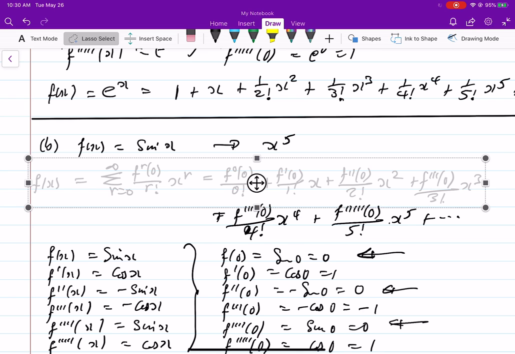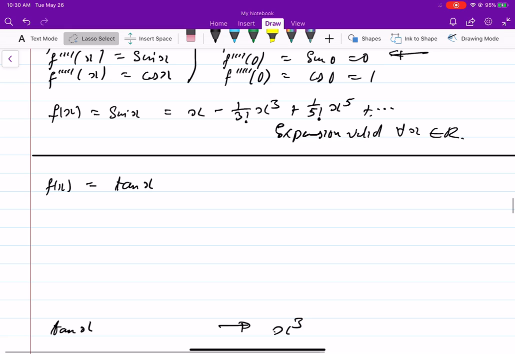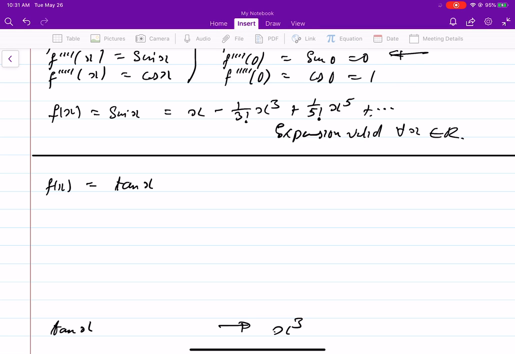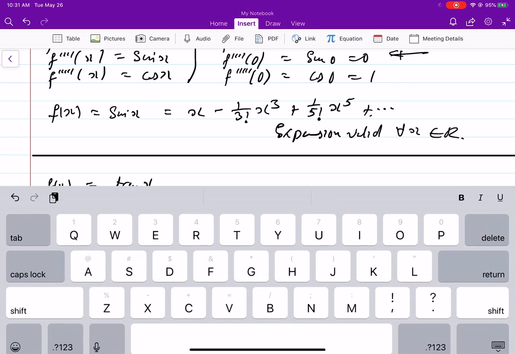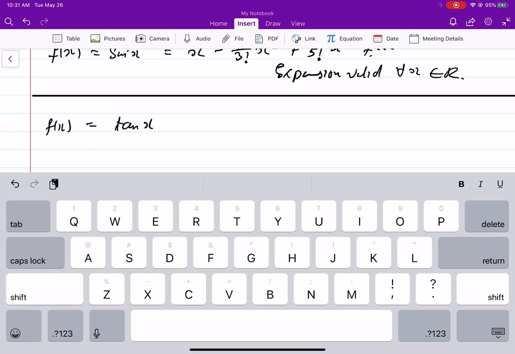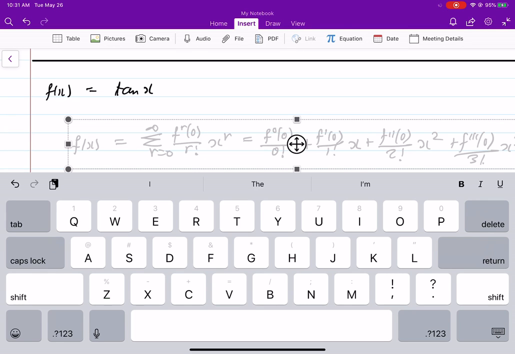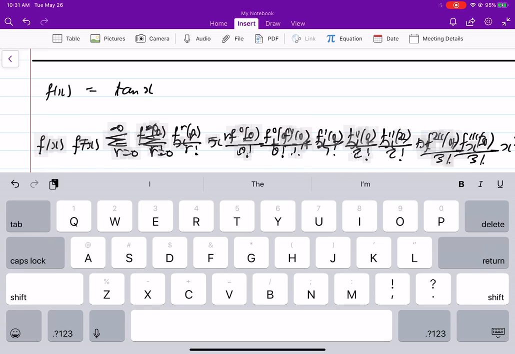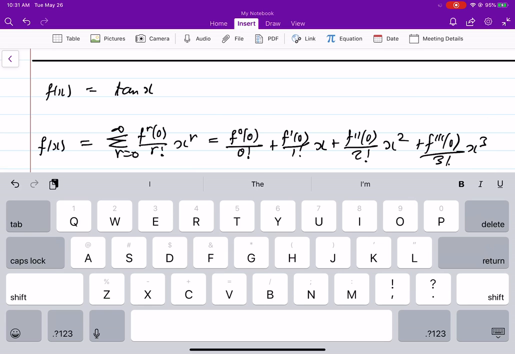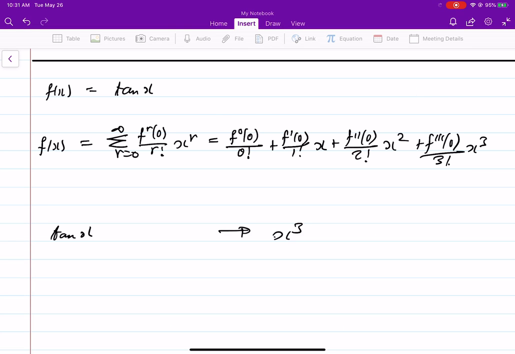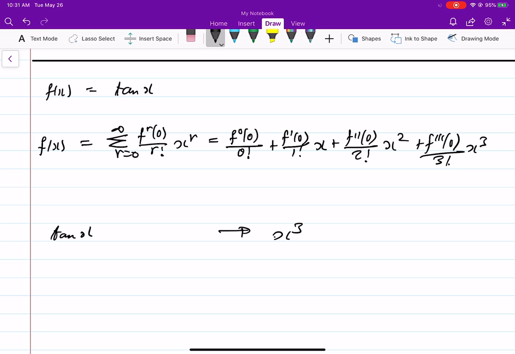So f of x is that up to x cubed plus dot dot dot.